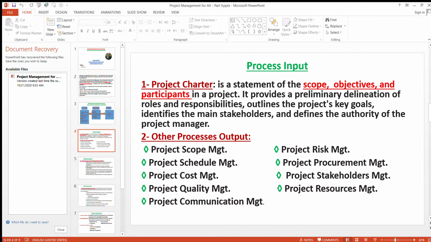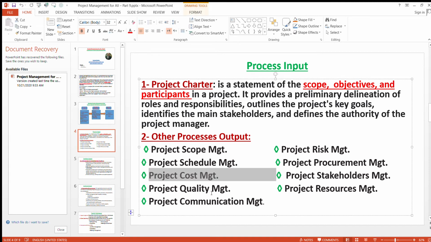These processes are the project scope management, the project schedule management, the project cost management, project quality management, project communication management, and project risk management, project procurement management, project stakeholders management, and project resources management.